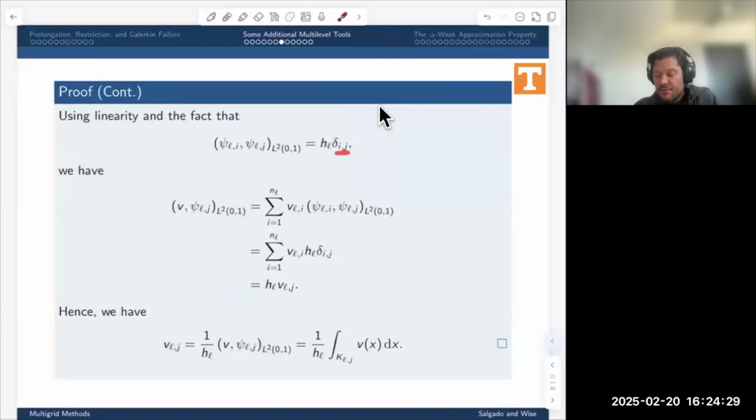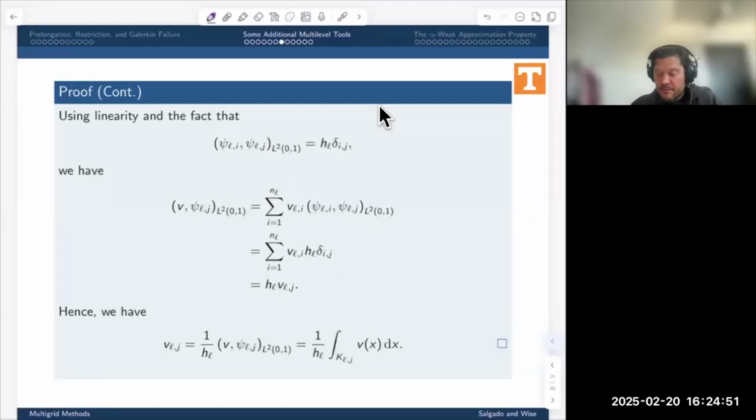So this is equal to 1 if i and j are equal, and equal to 0 otherwise. Does everyone see why this is true? If I put in two basis functions, maybe they're the same, meaning the i and j indices are the same, or they're not, meaning i and j are not equal.